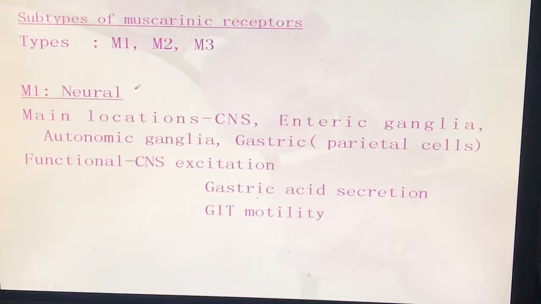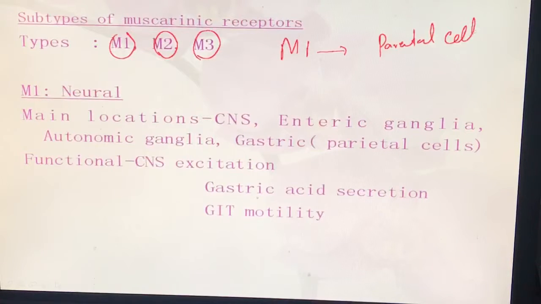Okay, now I move on. What's the location of these receptors? Muscarinic M1, muscarinic M2, muscarinic M3. I just focus on the main location. The muscarinic M1 receptor is present over parietal cells.